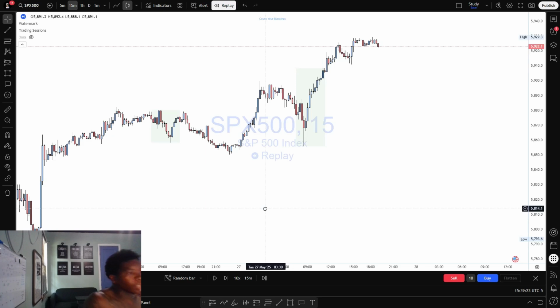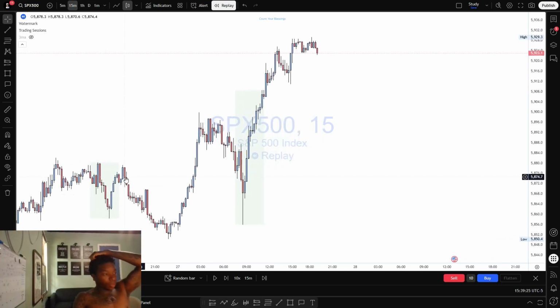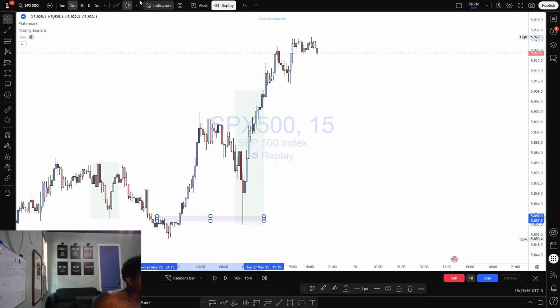Something like this. You see how this was a small little structure point, price broke above. You see this area is where price came back and retested before pushing up, and that's on the 15. Let me draw this and go down to a lower time frame so we can see how this looks.